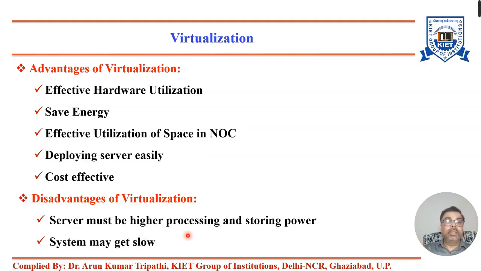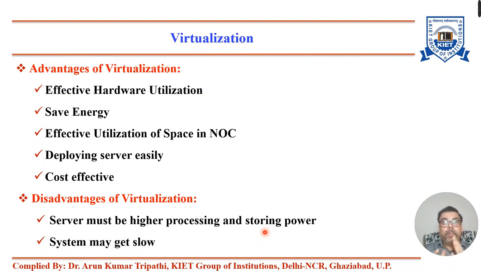Disadvantages: the server must have higher processing and storage power. When a number of operating systems are running simultaneously, there is a need for higher processing speed and memory, because whenever a process wants to execute, it must be brought into the main memory. All operating systems will share the same RAM, so the capacity of the RAM must be higher.